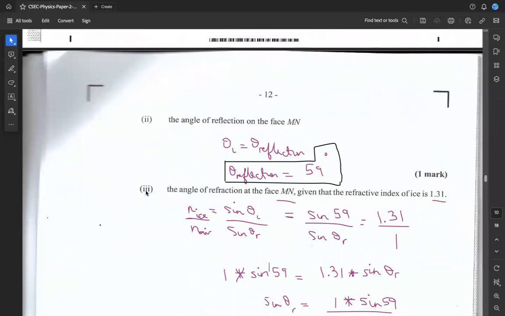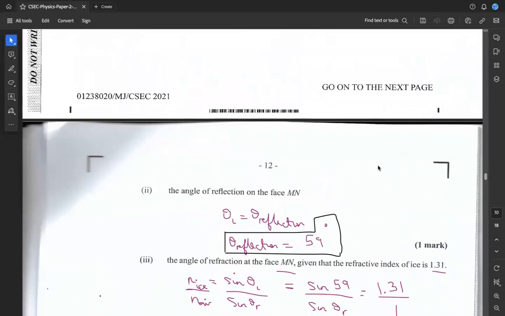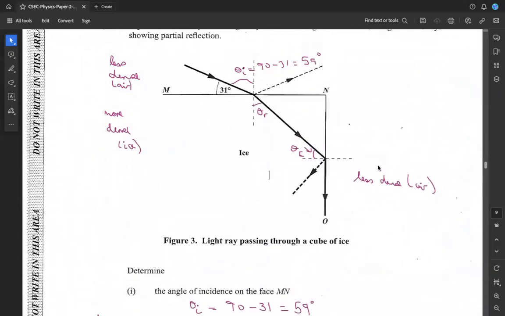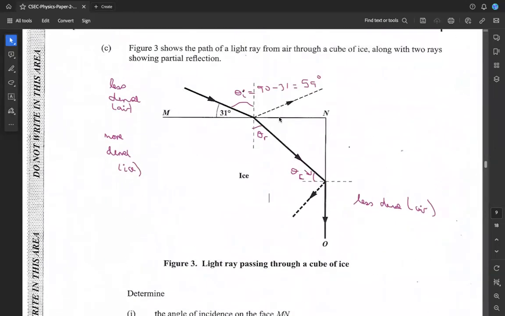For part 3, they're asking us to calculate the angle of refraction at the face MN, given that the refractive index of ice is 1.31. So let's scroll back up and look at that picture again. This is our MN face. We have our incident ray coming in. And there's a change in medium taking place, guys.